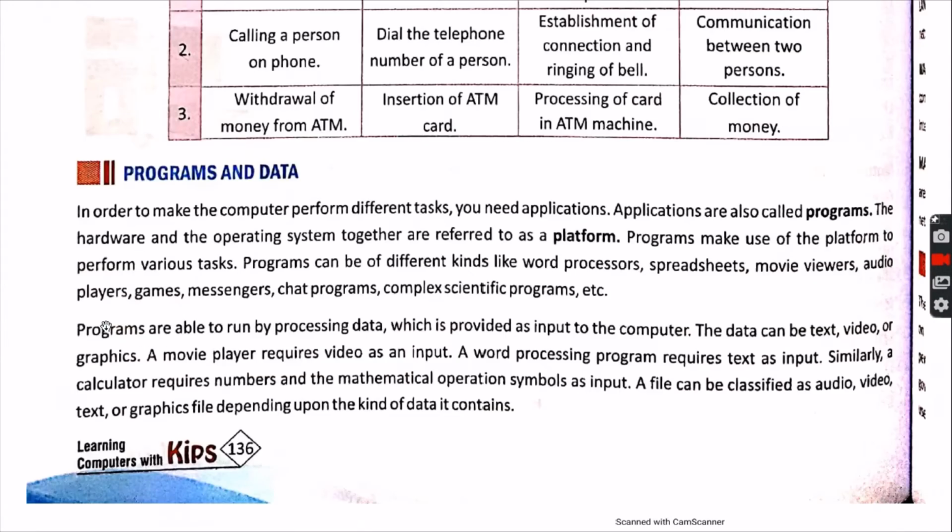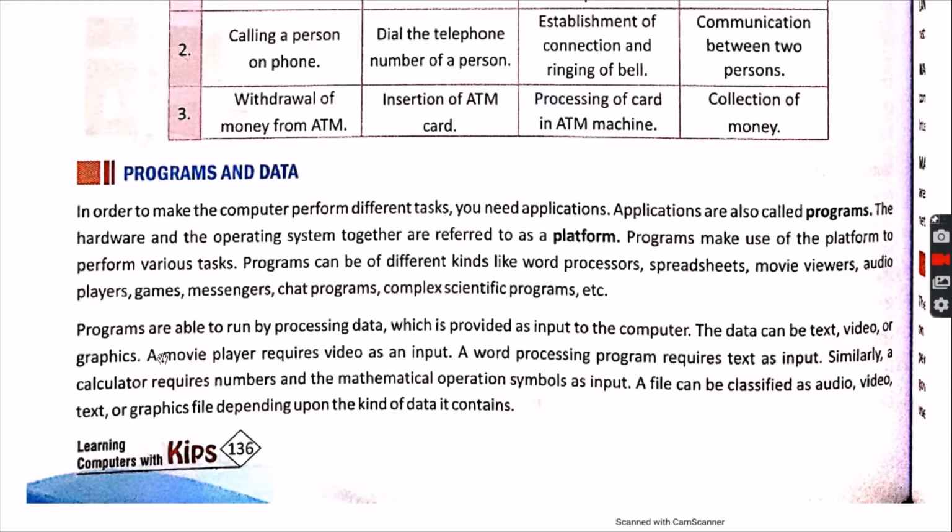So see, programs are able to run by processing data. How do programs run? They process the data, means whatever keys we press on the keyboard, when we click the mouse, when we move the mouse over icons or things, image, videos, audios, these are called data.